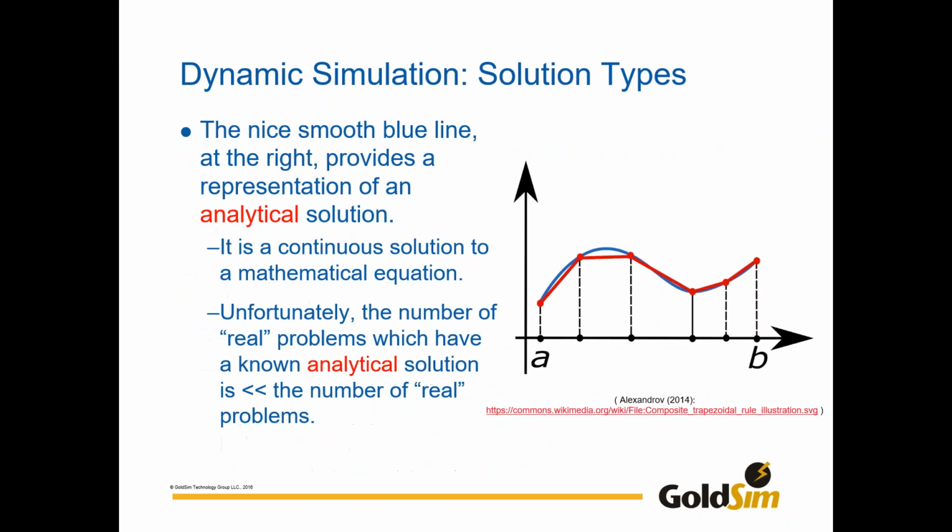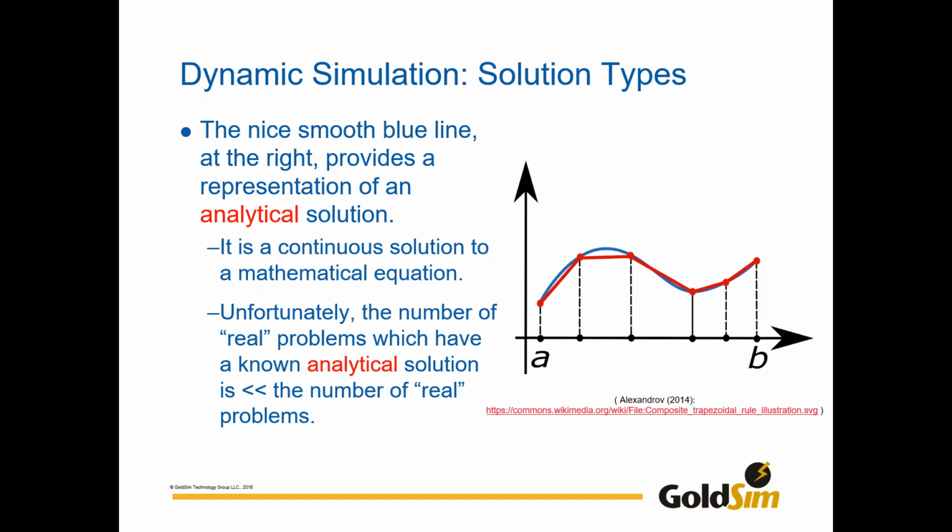Maybe an easier way to show this is just to show this little line plot that's coming up. It should now be up for everyone. The line plot on the right there, you can see that smooth blue line is a simple example of an analytical solution where we know the answer at every point in time, right? So it's continuous and we know it everywhere, okay? And that would be the blue line.